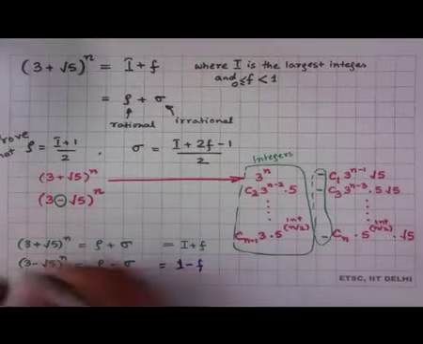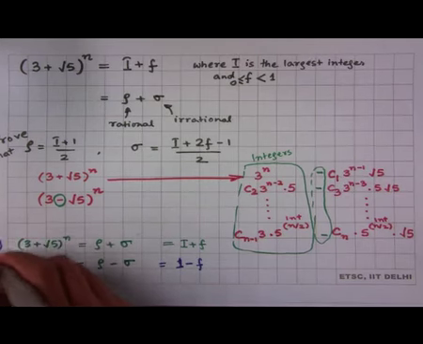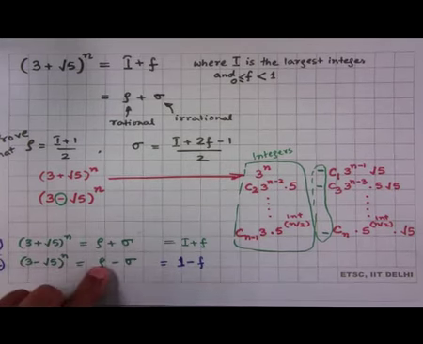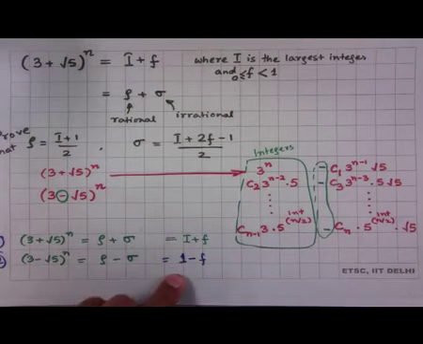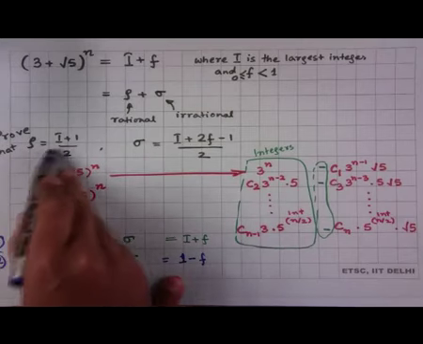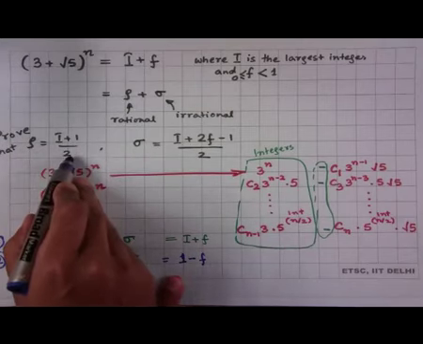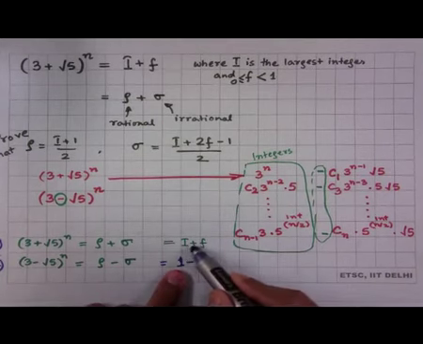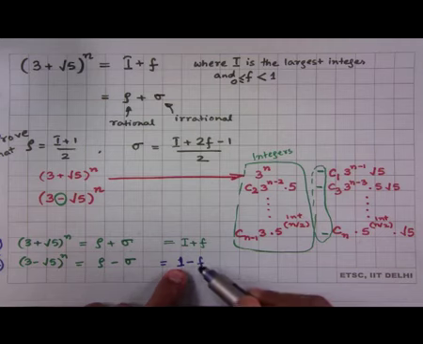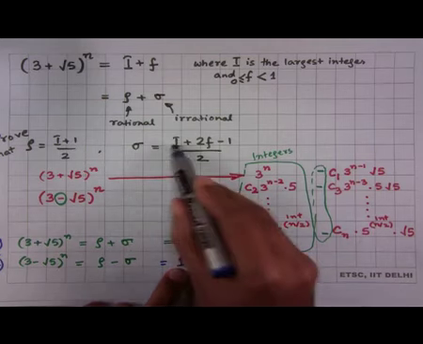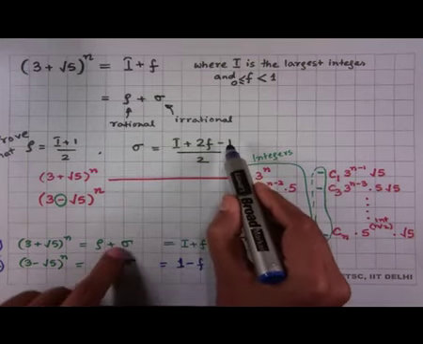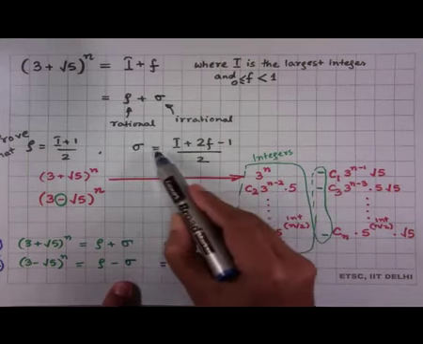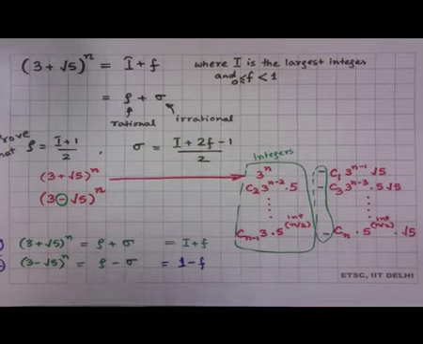You add equation 1 to equation 2, you get 2 times rho is equal to I plus 1, and therefore, rho is equal to I plus 1 by 2. You subtract 2 out of 1, you get I plus f minus 1 plus f. So, I plus 2 f minus 1, and that is equal to 2 sigma, which means sigma is I plus 2 f minus 1 by 2.